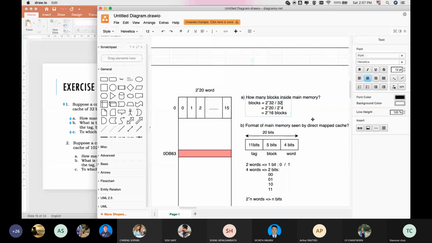So 32 words, and we convert into 2 power 5. 2 power 32 divided by 2 power 5, so the answer is 2 power 27. Yes, which is correct.